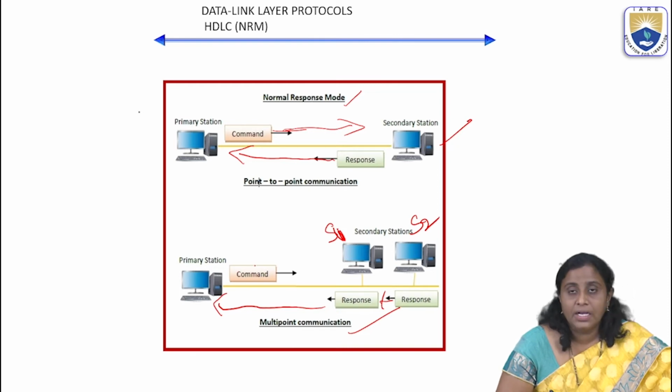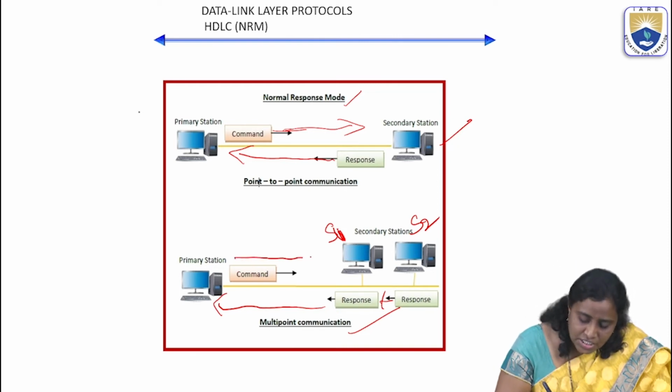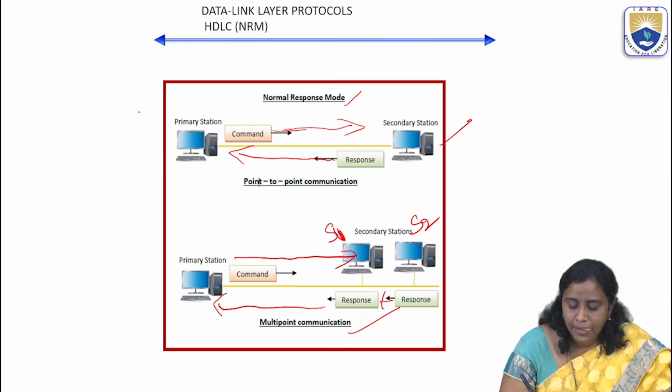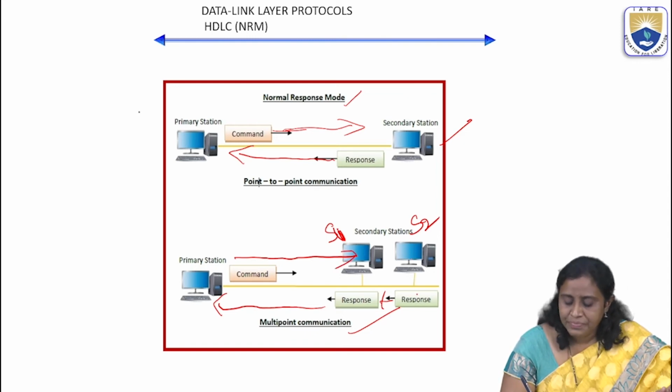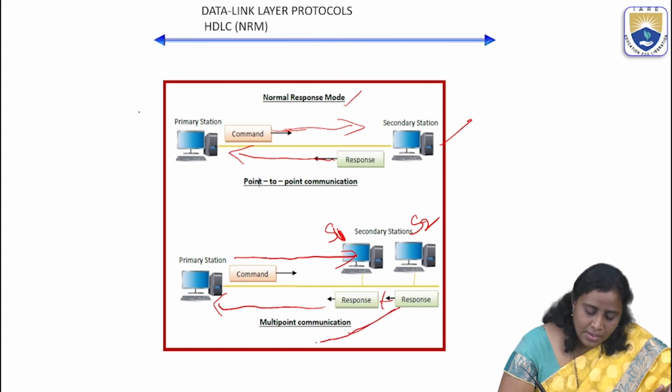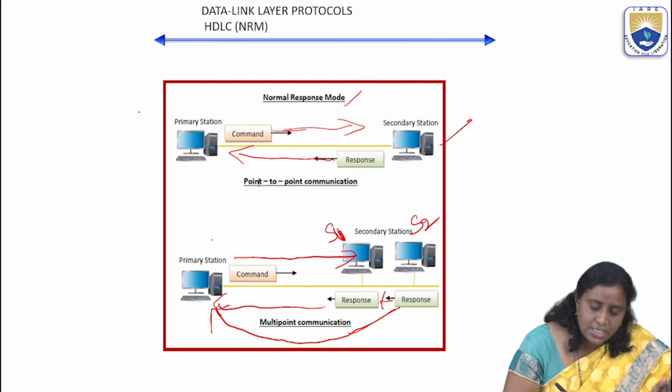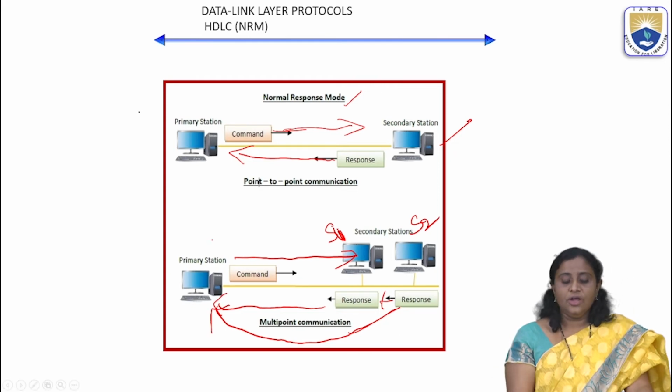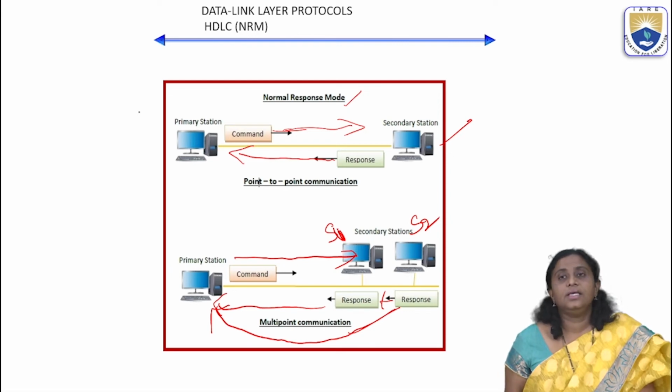Why? Because the commands from the primary station are received by the two secondary stations, station 1 and station 2, and only those two types of responses need to be given and transmitted through this physical connection to the primary station 1. So that is one example of HDLC NRM.